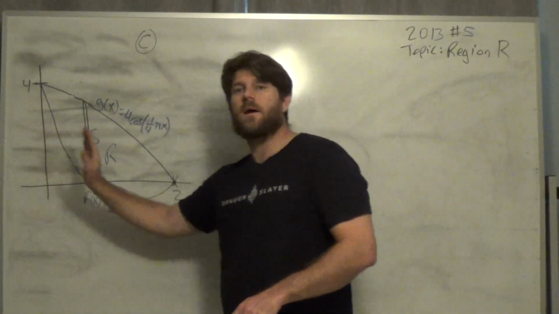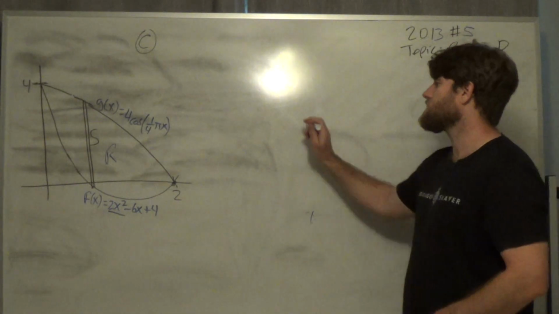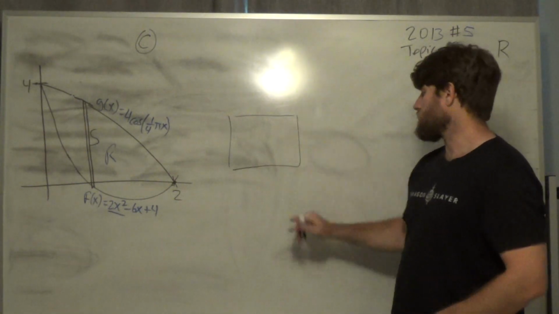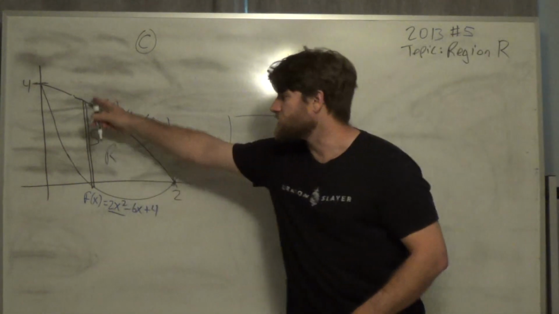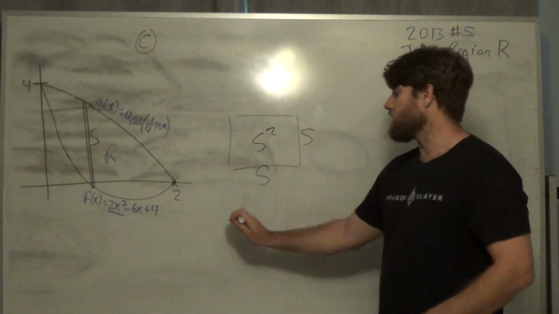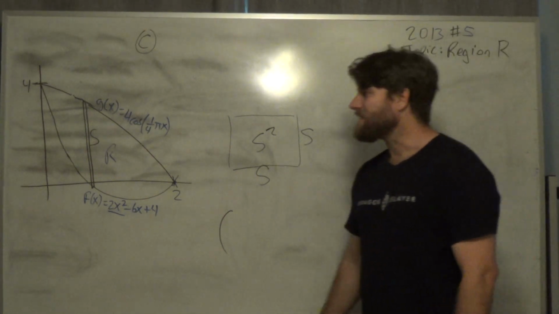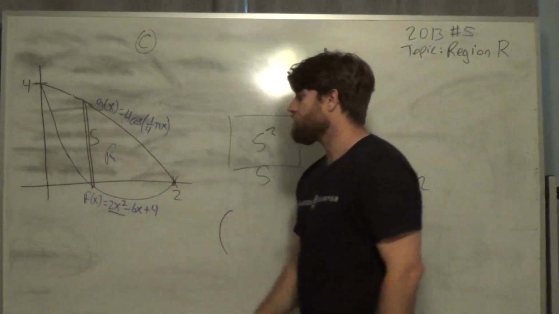So we're going to chop, chop, chop, chop, chop. And then we're going to reach and we're going to grab one of those little slices, one of those cross sections. And they're all squares, so it's going to look like this. And if this distance is s, because it's a square, this is s, and the area is s squared. So the area is s squared, and s is simply top equation minus bottom.